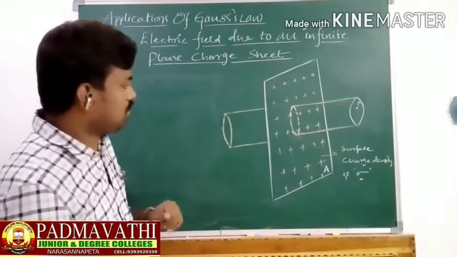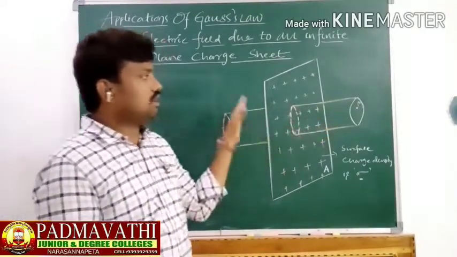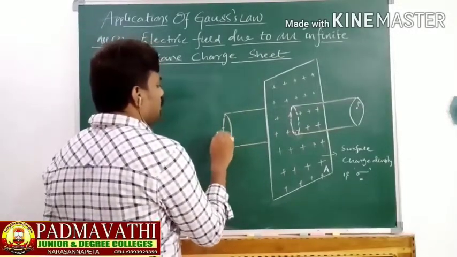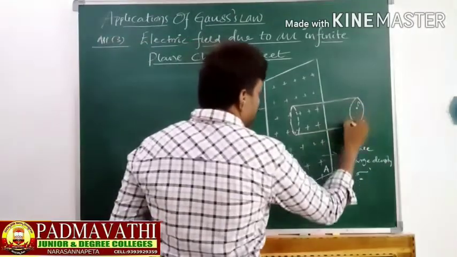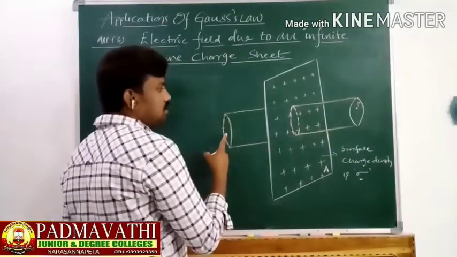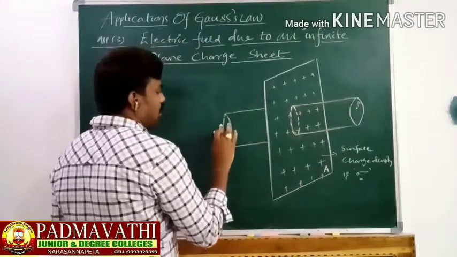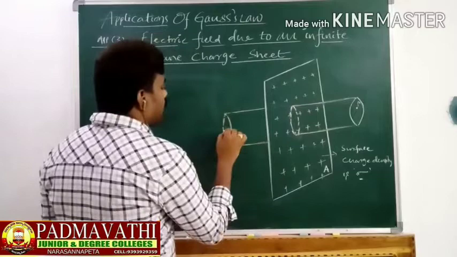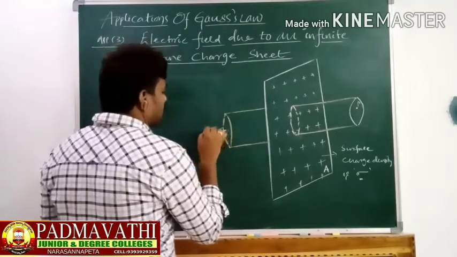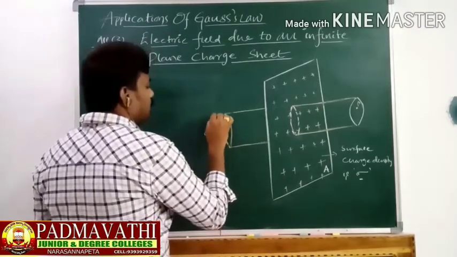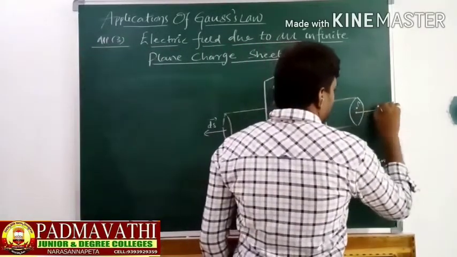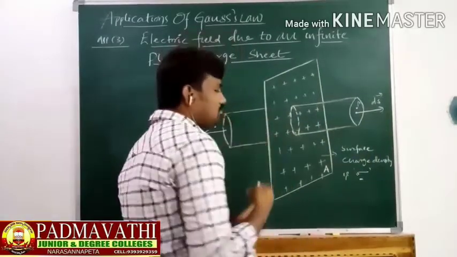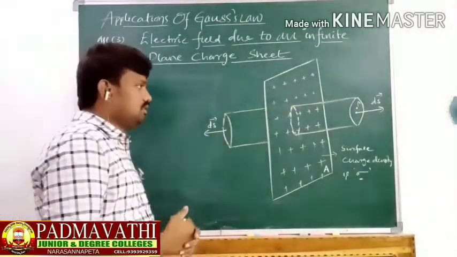If you observe the surfaces of this Gaussian cylinder, let us take this surface is going to be dS and this surface is also going to be dS. Why? Because these two surfaces are the same and the surface area vector will be outward. So this is dS bar, and here also this is dS bar, which are outside of both the faces.